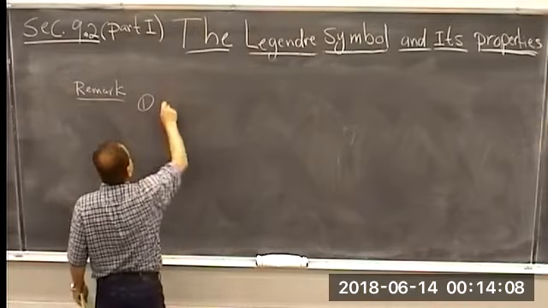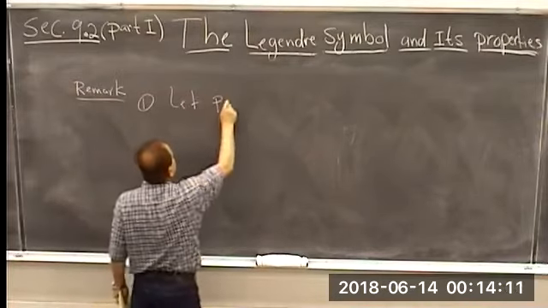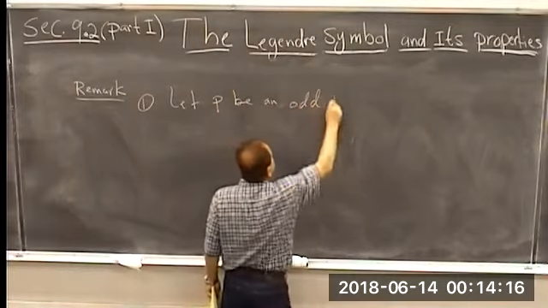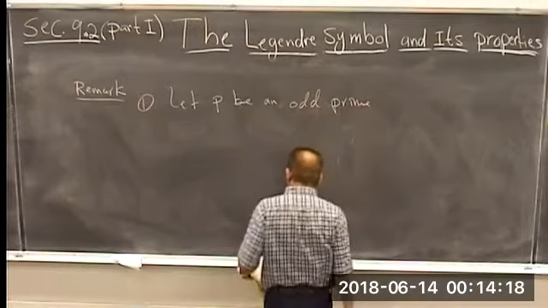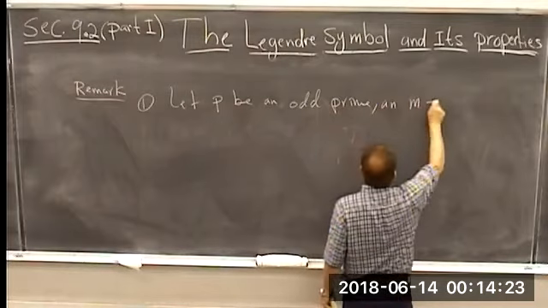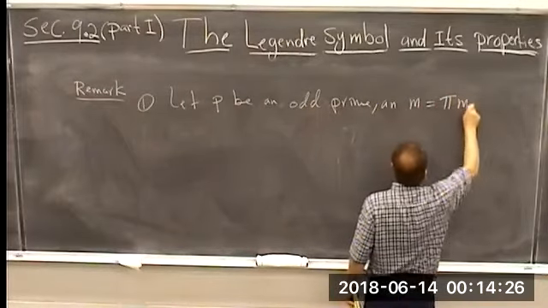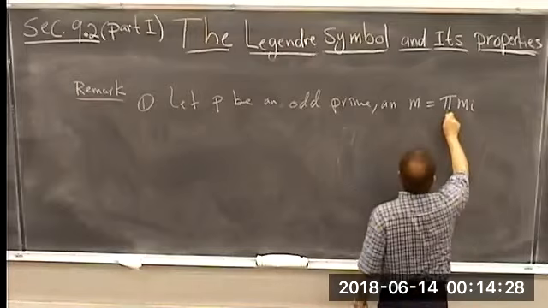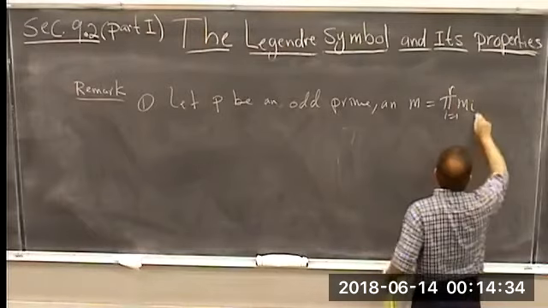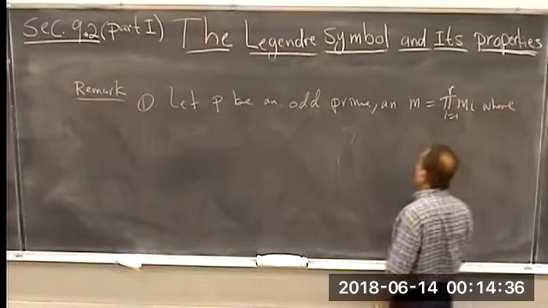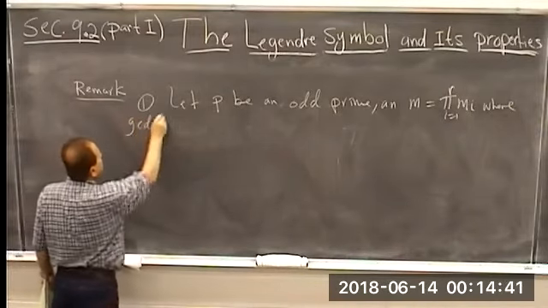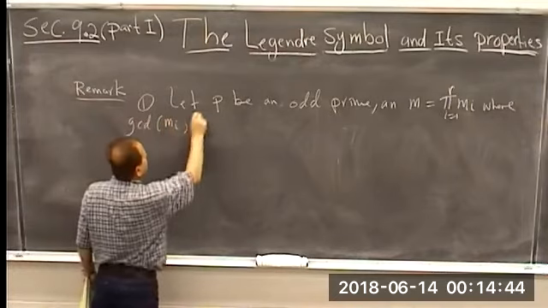Let p be an odd prime, and m is a product of some other numbers m_i, i equal 1 up to r, where the greatest common divisor of these m_i and p is equal to 1.